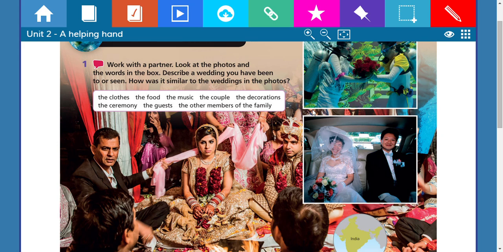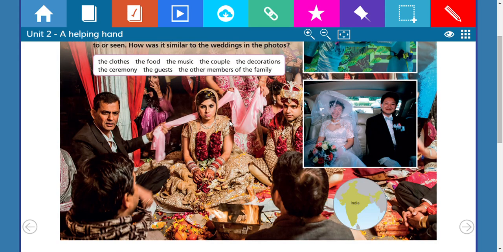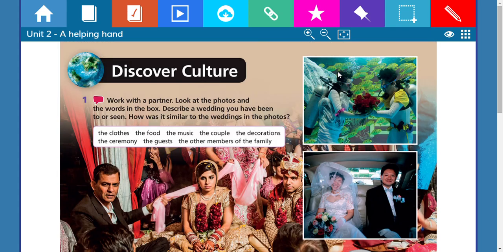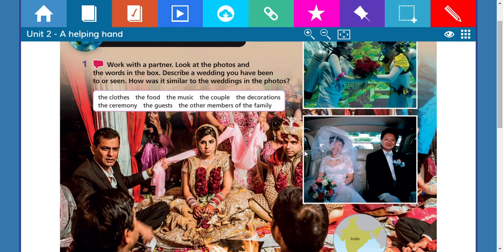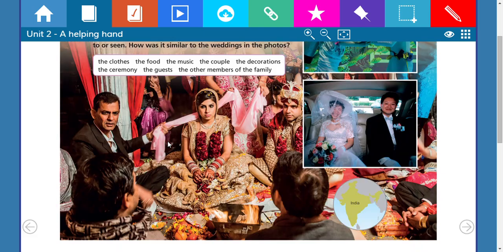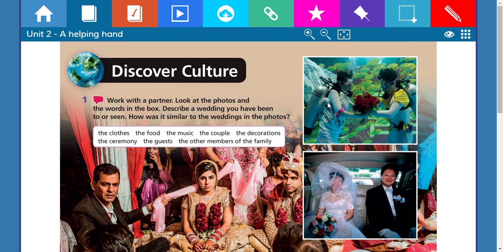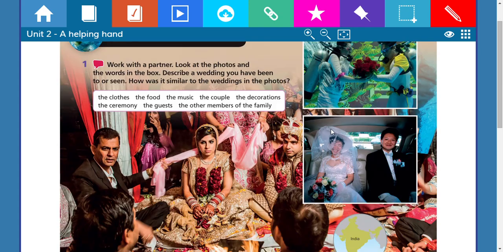On picture number 1, there is a couple? Yes. In number 2, yes. In number 3, yes. Decorations. In number 1, number 2 and 3, I could say yes. For example, the dress, the flowers.